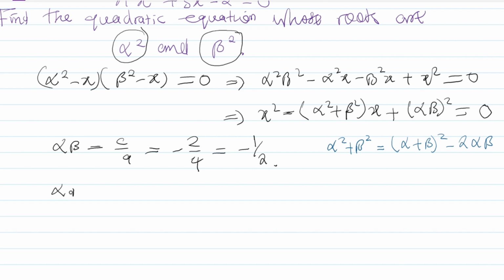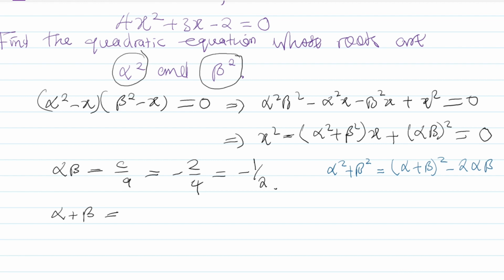Alpha plus beta, we said, is negative b over a. What is b? b is 3, so negative 3 over a, which is 4.